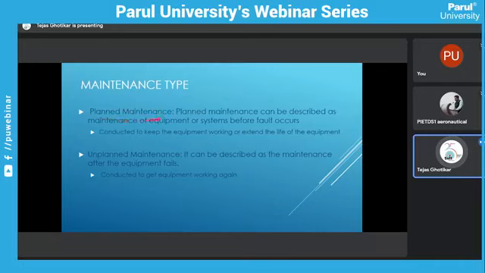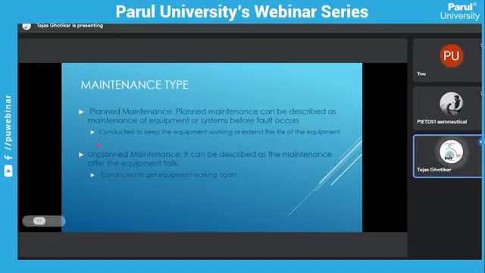That all comes under planned maintenance. All of this depends upon past experience or the current equipment condition.